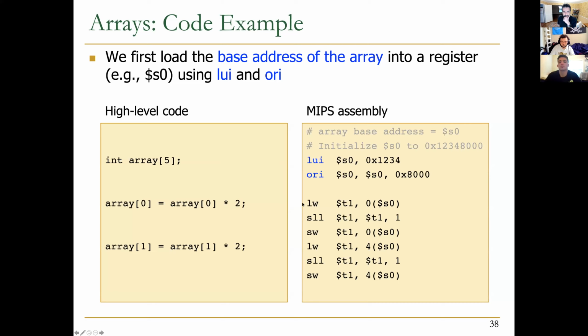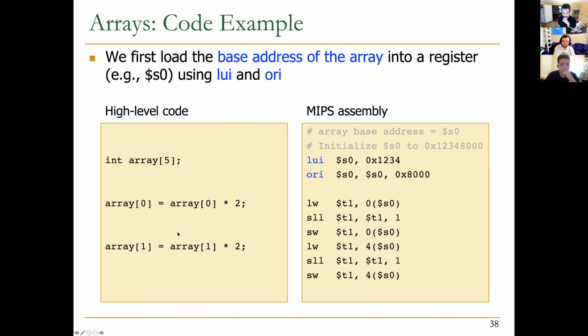Okay, so here again, once we did that, we use load word. We load the content of array 0 into T1. We use shift left logical to multiply it by 2, and then we store it back.